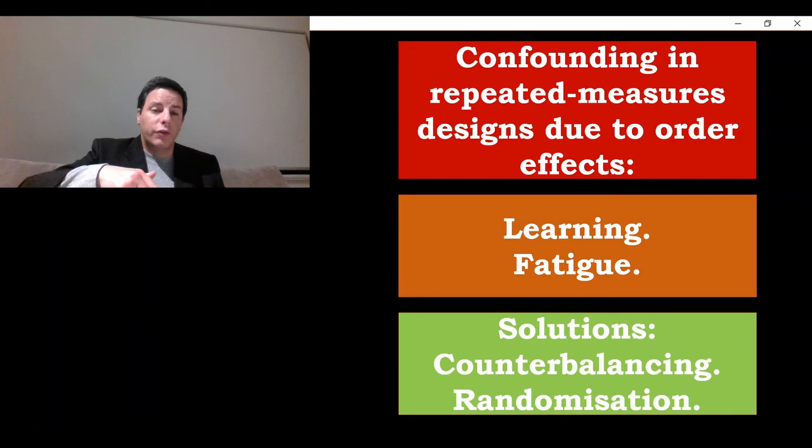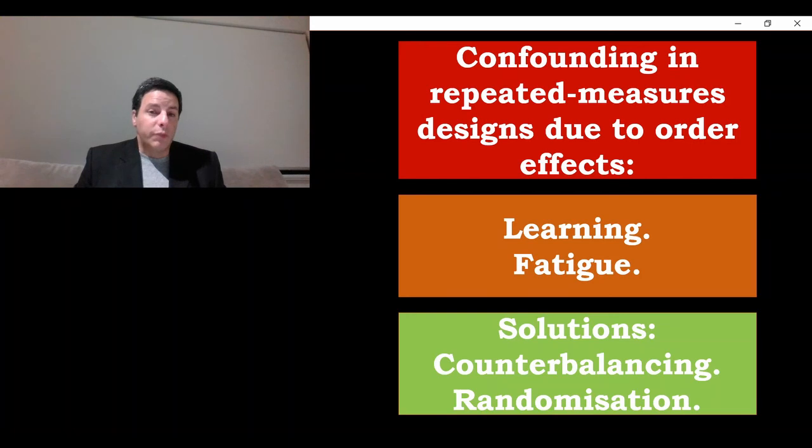And the other half of the participants will go through condition B first and condition A second. So now we don't have that A was performed in all of the participants first and B in all of the participants second. So if we find a difference between A and B, it's not due to learning and it's not due to fatigue.